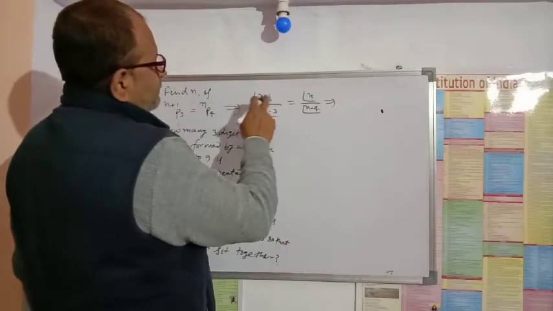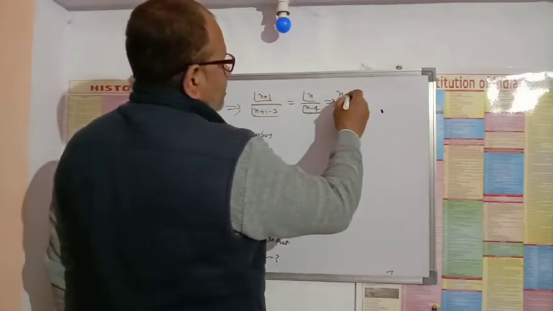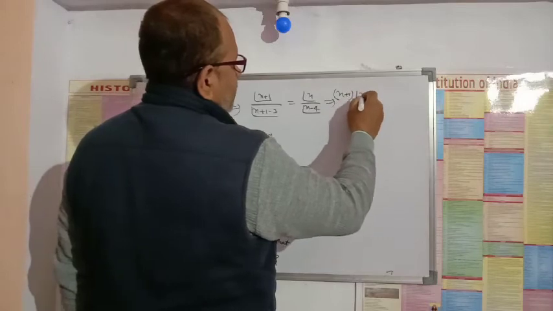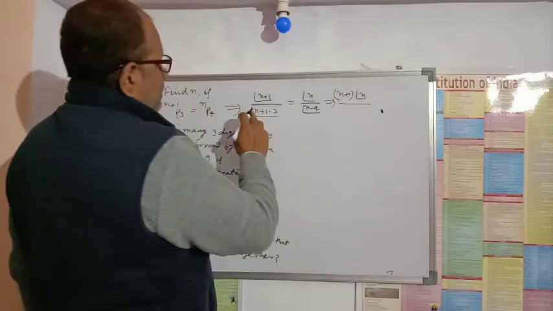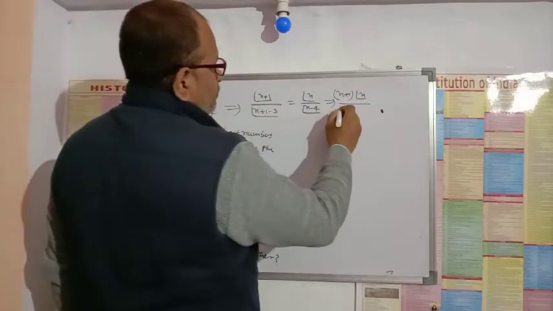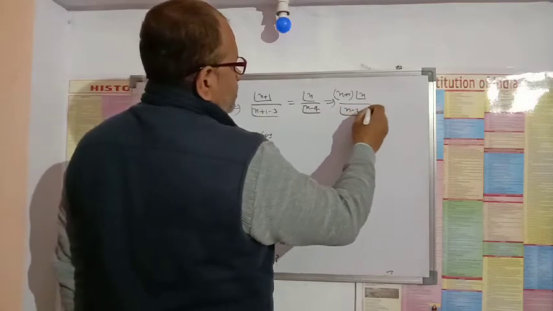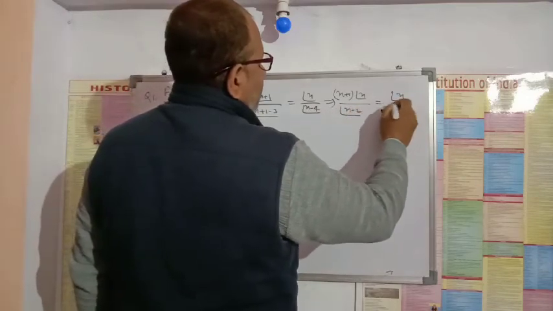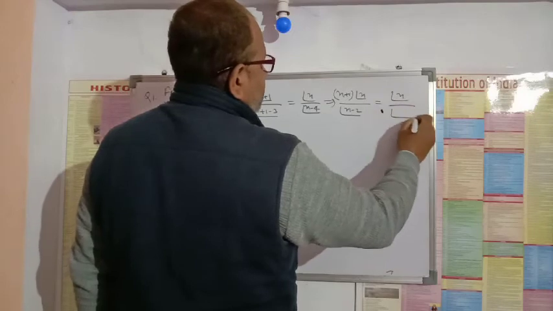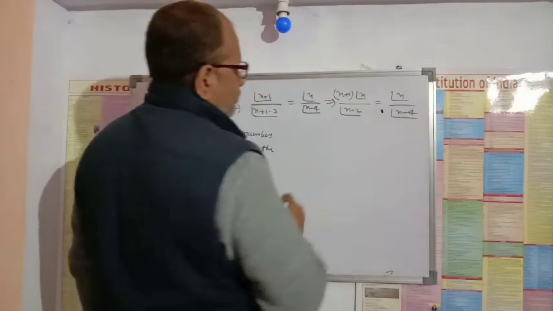Factorial (n+1), take (n+1) outside, then inside we get factorial n. And this one, (n-2), is equal to factorial n upon factorial (n-4).